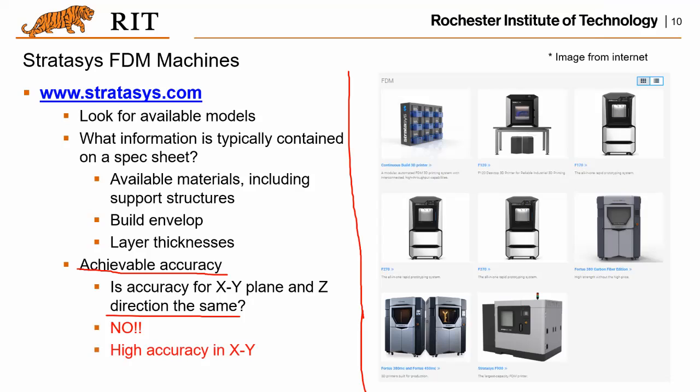If you want to print some parts and you really want to achieve a high accuracy in a certain direction, then you want to orient the part so that direction is printed in the XY plane. That essentially prevents the lower accuracy for your prints. So that's one factor you want to think of when you decide how you orient your part during the printing.